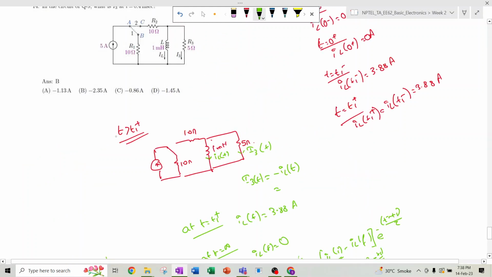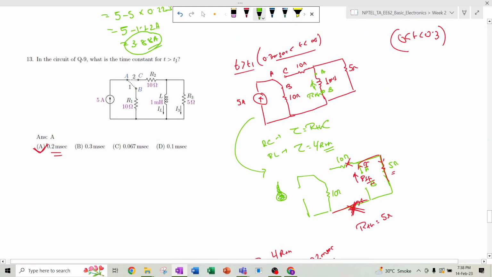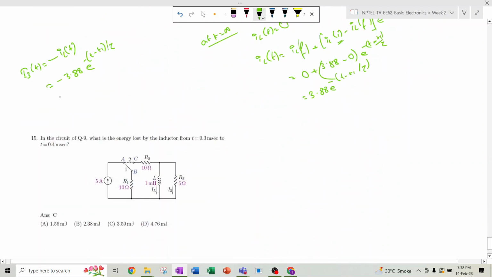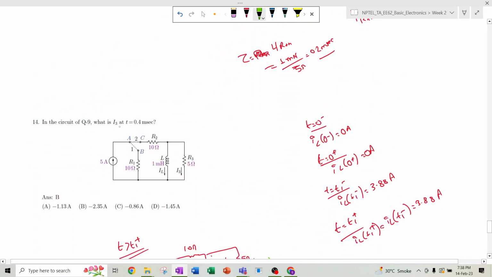Tau we have already calculated; it is 0.2 millisecond for t greater than t1. So this is minus 3.88 e to the power minus (t minus t1) by 0.2 millisecond.